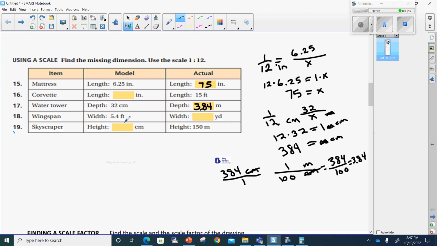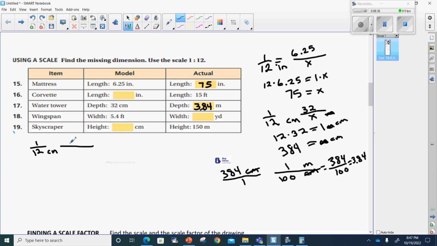All right, the last one is height in centimeters to meters again. But this time, the height is 150. So we're going to, again, use the 1 over 12. And this time, remember, this bottom part is centimeters. We're going to put 1 to 12 centimeters, right.